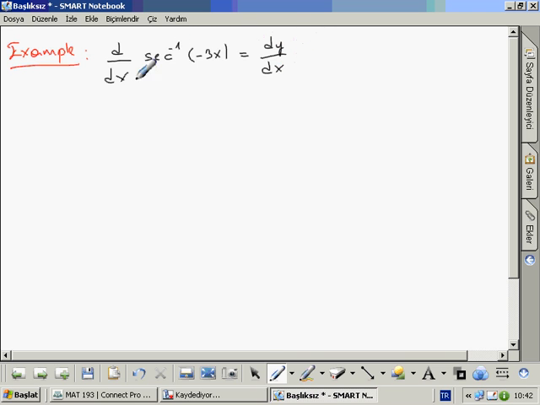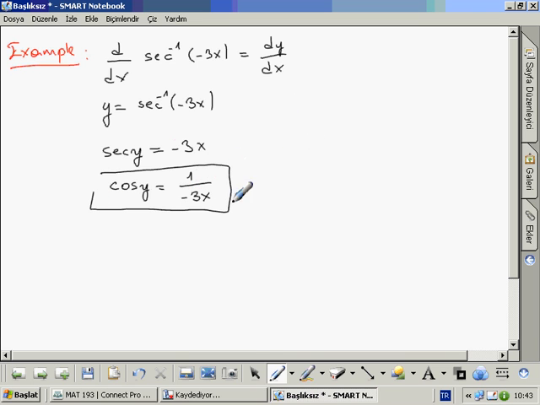So we know that y equals inverse secant of minus 3x, and we can say secant y equals minus 3x. If secant y equals that, then cosine y equals 1 over minus 3x.